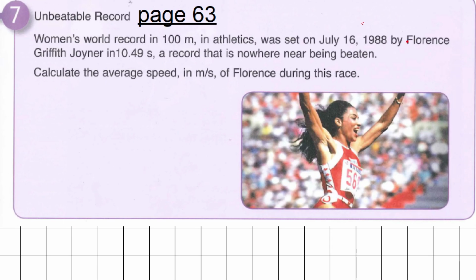Okay, they are telling me by Florence Griffith Joyner in 10.49 seconds. So what does this quantity represent? Since it carries the unit which is seconds, then it represents time. And here it's important to distinguish between two times, the instant time and the duration. So whenever in the exercise they give us a single time, this is said to be the duration delta t.